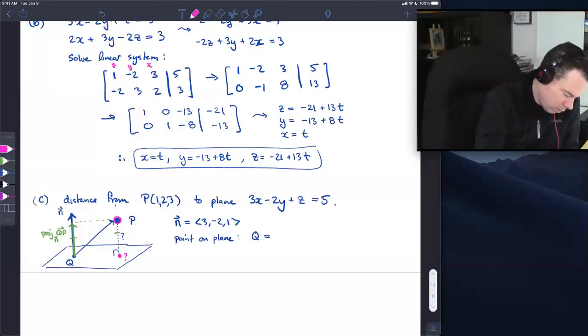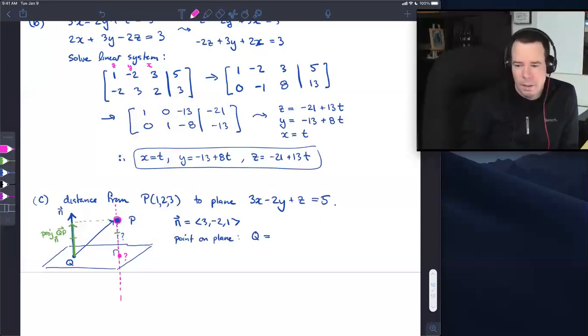So I could find a parameterization for this line, and then I could take that parameterization and determine where it intersects the plane by plugging it into the equation of the plane, solving for the value of the parameter. Once I know the value of the parameter, then I can get the point on the plane, which is that question mark, and then I can use the distance formula to find the distance between 2 points.